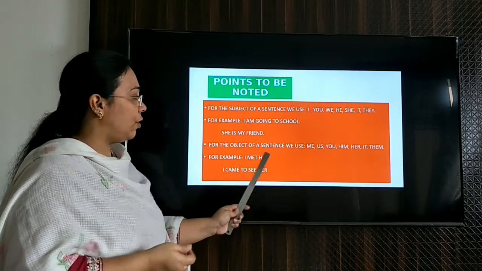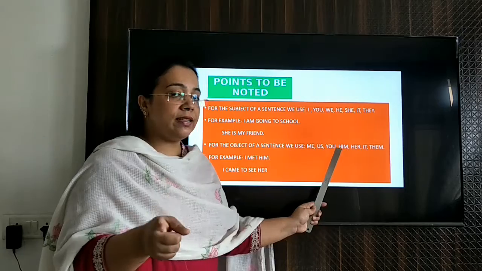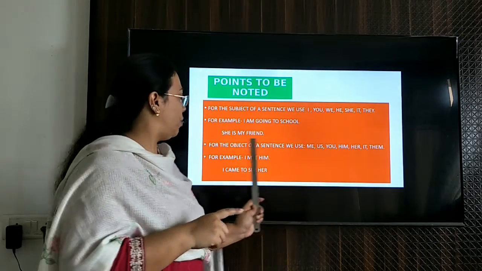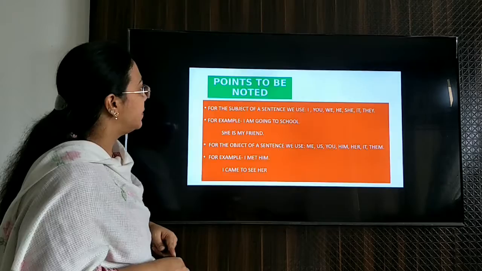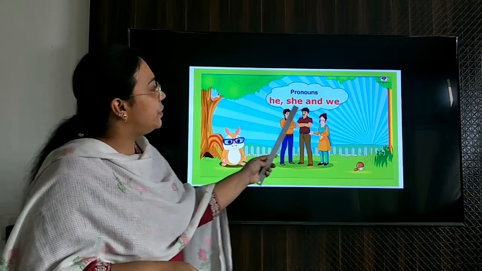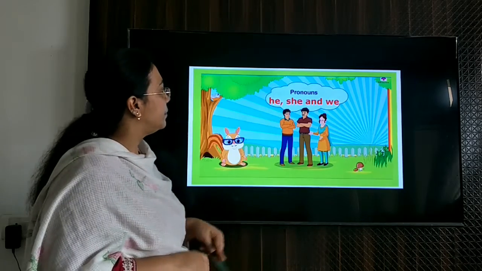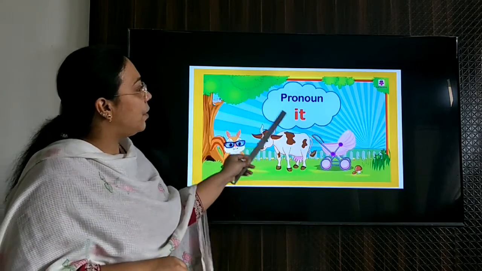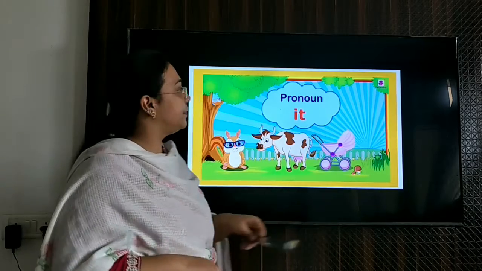So these words are not used as a subject. They are always used as an object. Next. See for pronouns, he, she, and we are for the persons. Pronoun it is for animals and things.